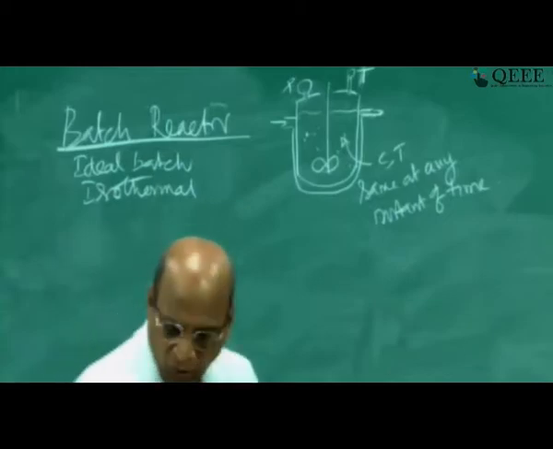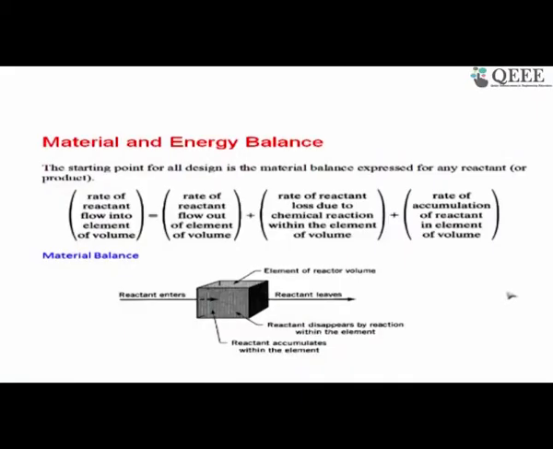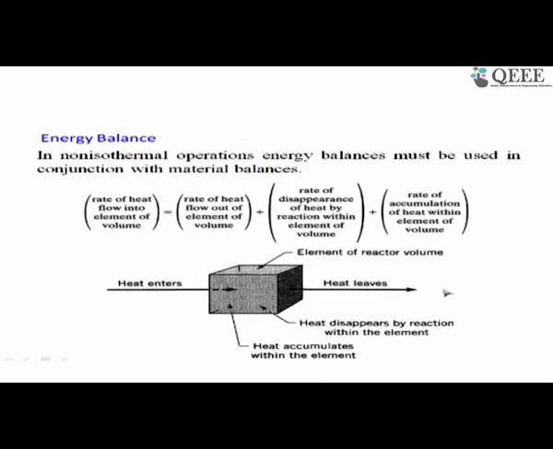And now you can look at the PPT where we have the rate of reactants into the reactor volume or an element of volume. So like that you have input, output, reaction and accumulation. These are the terms. And it is the same even for the energy balance.